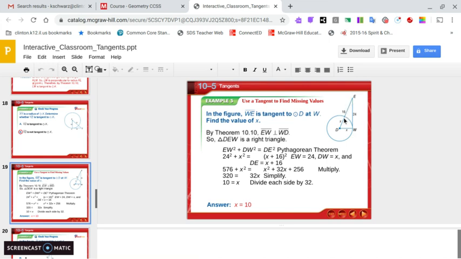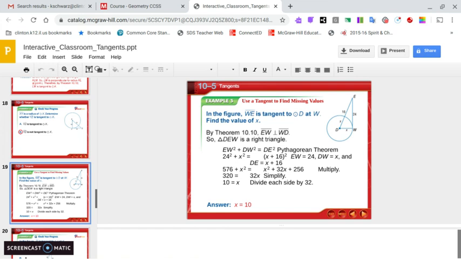You have to be really careful right here that DE is X plus 16. So I write X plus 16 in parentheses, like this, X plus 16 squared. This side DE is X plus 16. Then X squared, and 24 squared is 576. When you get to X plus 16 times X plus 16, to square something means to multiply it by itself. So we take X plus 16 times X plus 16, and I would put both of those in parentheses.